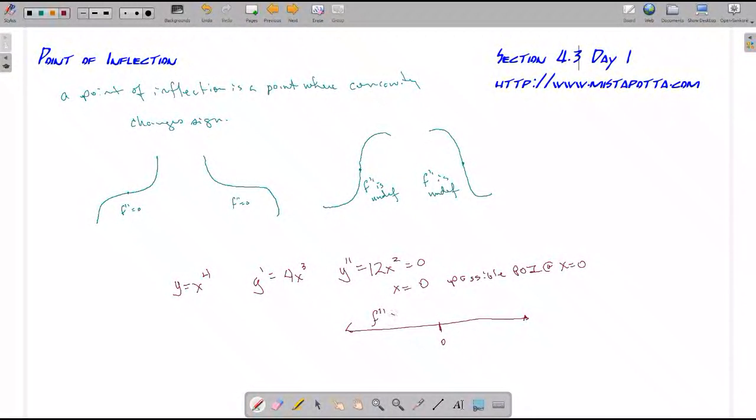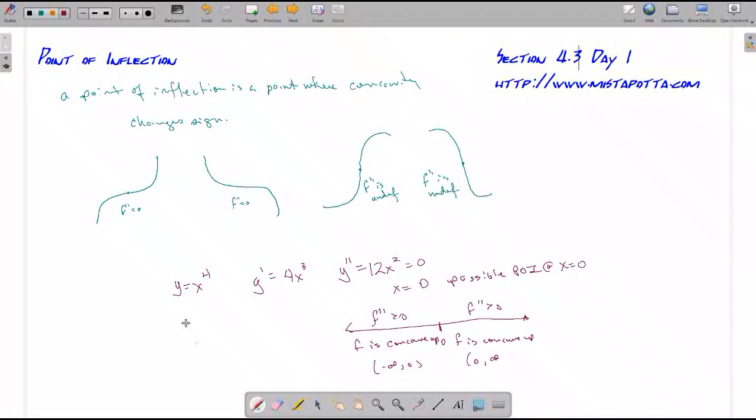So my second derivative is positive. That means that f is concave up from negative infinity to 0. But if I try values of x that are greater than 0, I still end up with a positive function. So my second derivative is greater than 0, which means f is concave up from 0 to infinity.